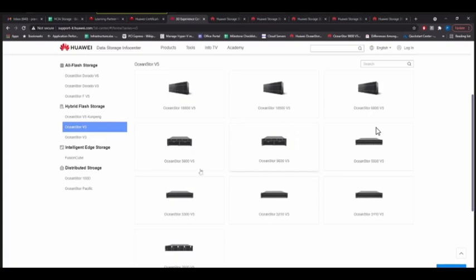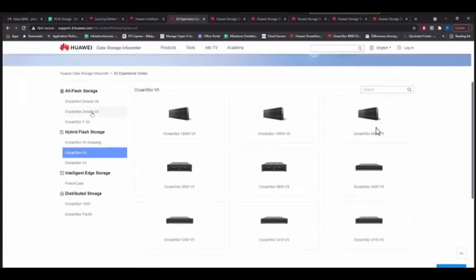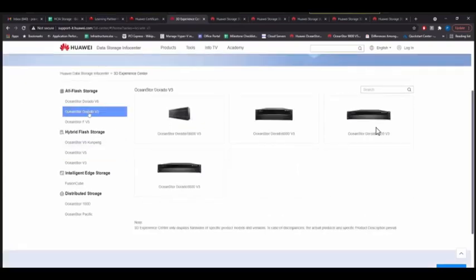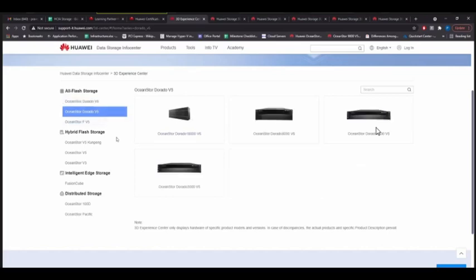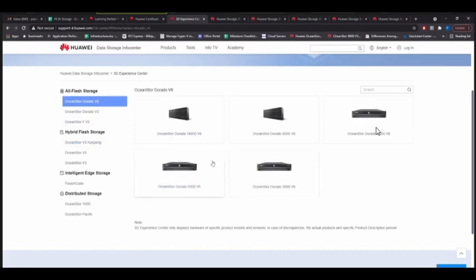V5 is the new generation. Same for Dorado. V3 is the older generation. V6 is the newer generation. The hardware is the same? From V3 to V6, they have basically increased the hardware power. V3 will be the slower, older version. V6 will be generally more powerful, the newer one. Okay. Thank you. No worries.